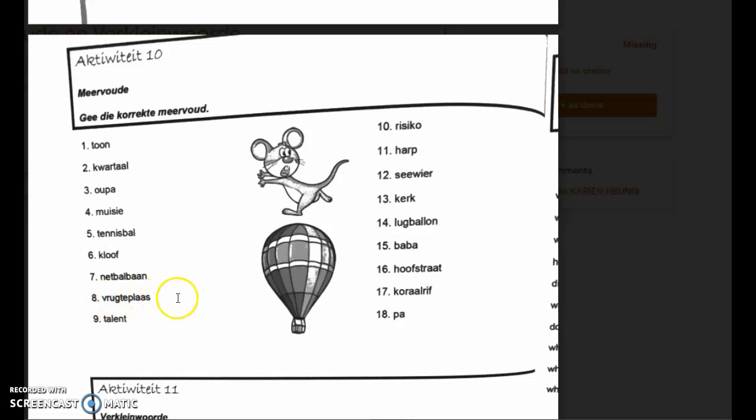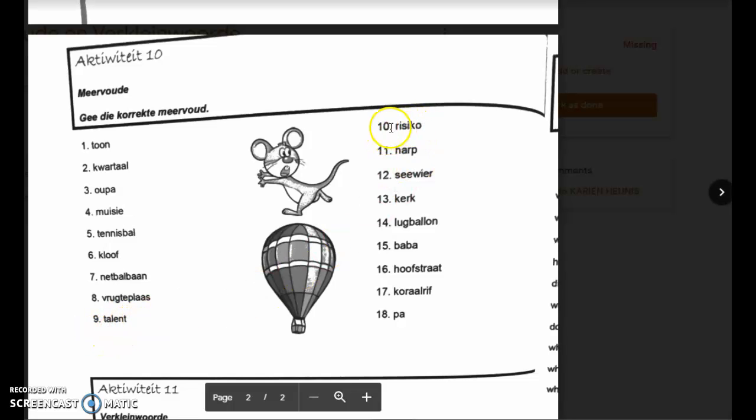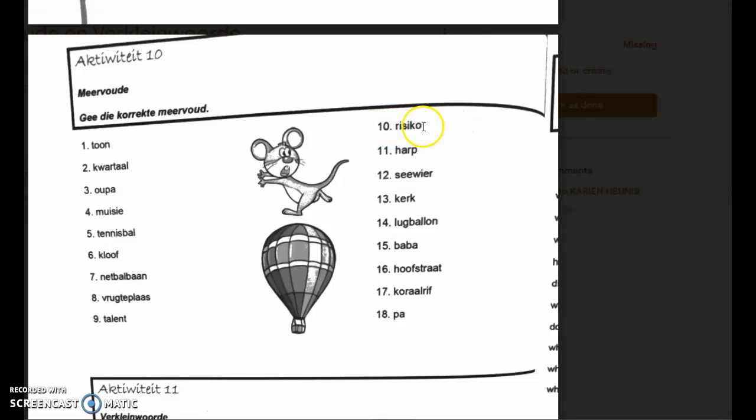Vrugteplaas, vrugteplase, kattetoon. Talent, talente. Risiko, risiko's met 'n afkappings S, apostrophe S.